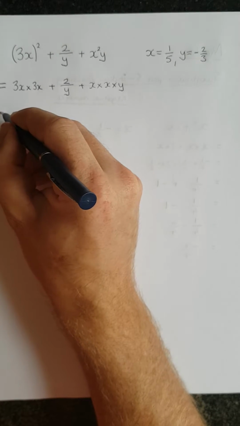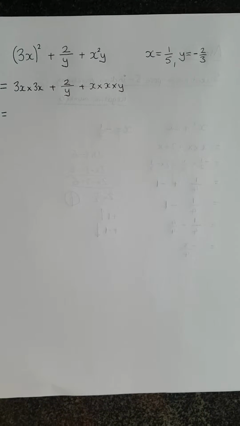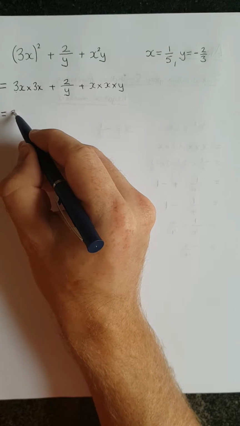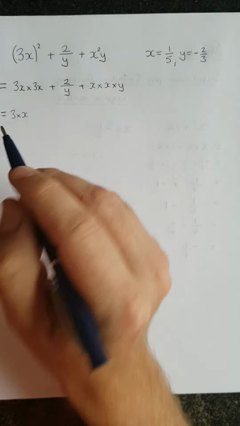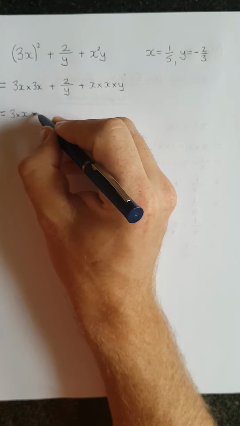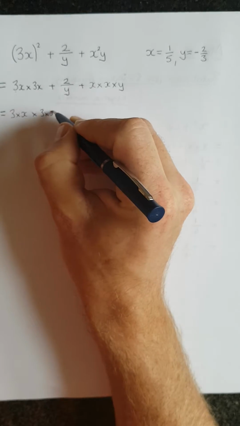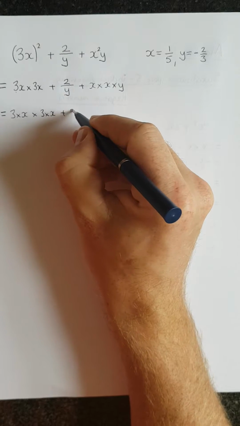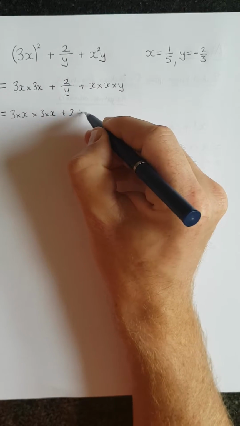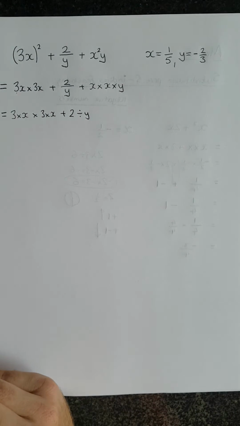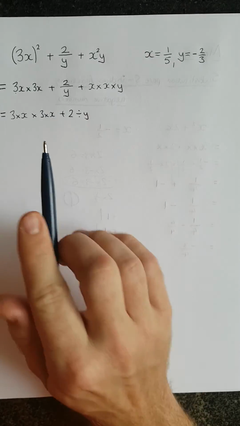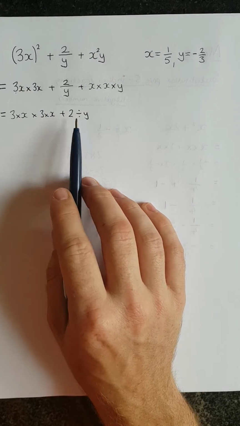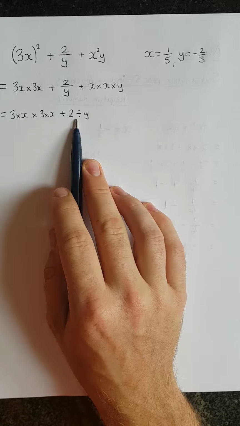We've got more to do here before we start to calculate. 3x is 3 times x multiplied by 3 times x plus 2 divided by y. Now, there's a reason I wrote this in this format.